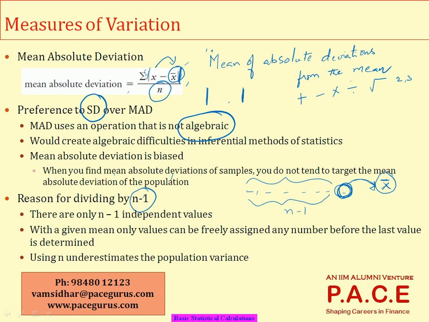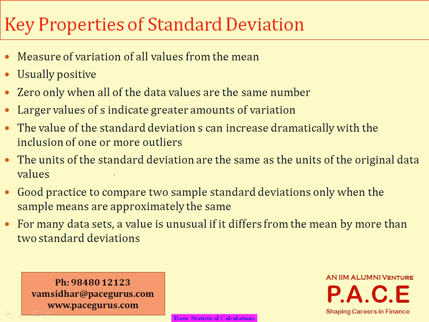One more thing that has to be kept in mind. Whenever we talk about a standard deviation, a few important points for us to remember. It's the variation of all the values from the mean, because we said it's the square root of the mean of the squares of the deviations from the mean.